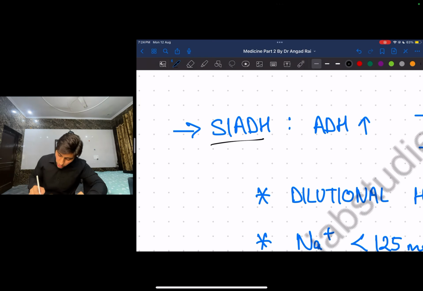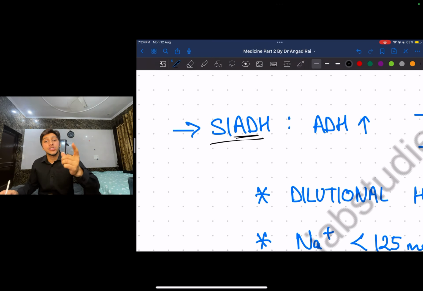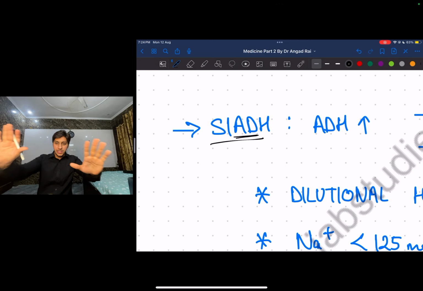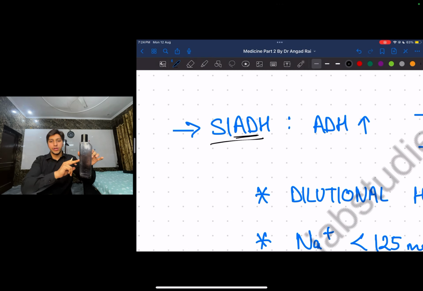hormone. As you know, what ADH does is increase water retention. Now you guys know in our fluid there is a balanced electrolyte level. If I add so much water to a balanced electrolyte level, the amount of electrolyte which was there previously is going to stay the same, there will be no increase. But imagine that in this water bottle there is this much water and a little bit of solid particles, like anything we want to eat.